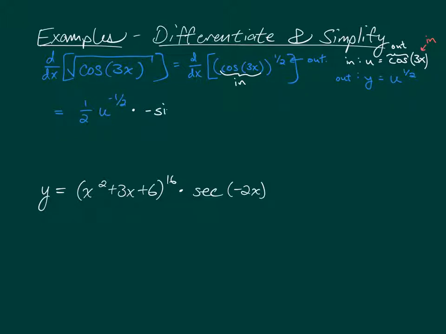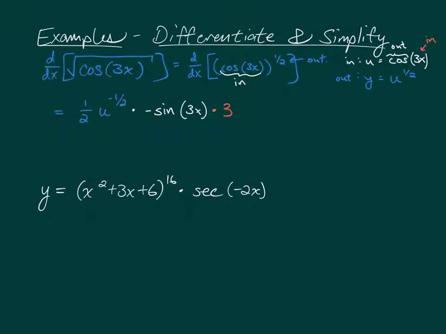That is negative sine of 3x. And what's the derivative of what's on the inside? That is just 3. Wow, so we had to do a little bit of extra work here. There was a chain rule inside of a chain rule. So we had three derivatives we were taking.